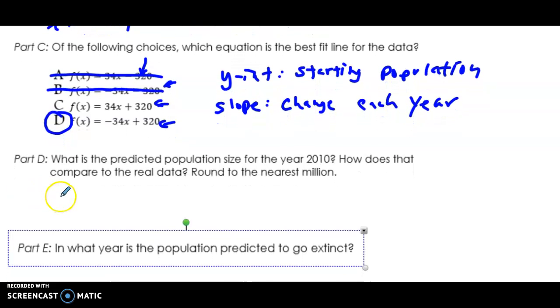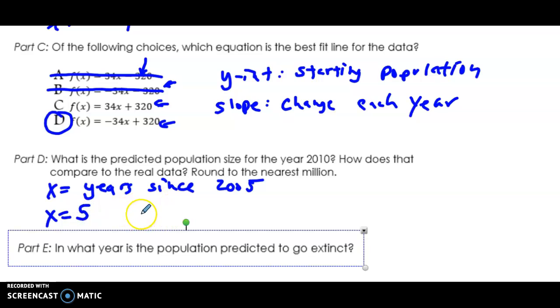Now, what is the predicted population size for the year 2010? So x in this is the years since 2005. And we want to know what it is in 2010. How many years has it been since 2005 and 2010? It's 5. So x equals 5. And we just plug that in.